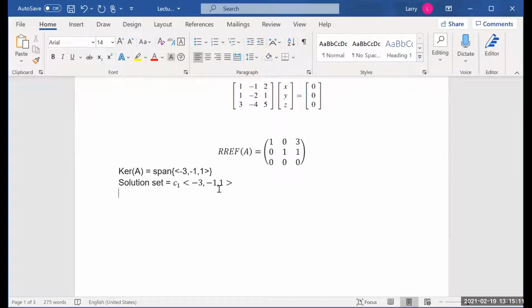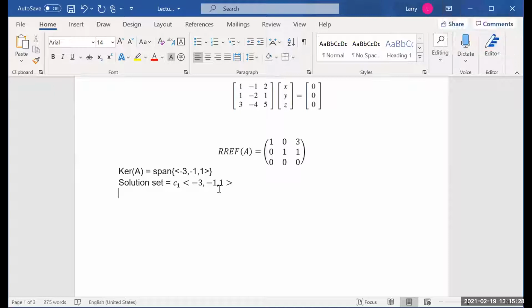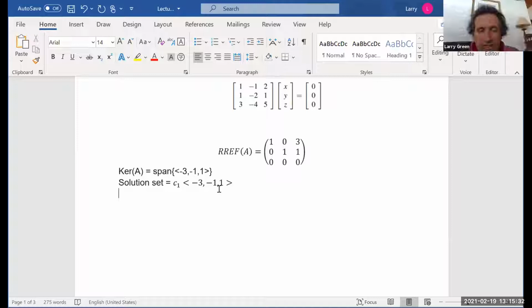Now, if you don't have equals 0, then what you would have to do is find one solution vector and take that and add the constant times the vectors. But in this case, we had equals 0. So we don't need to find a particular solution because the particular solution is just 0.